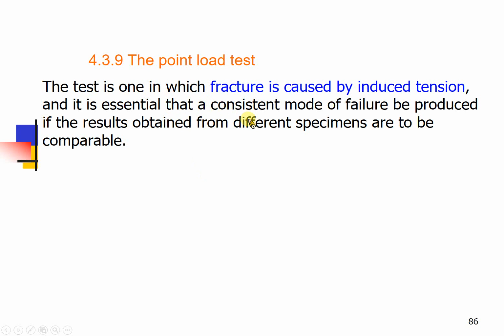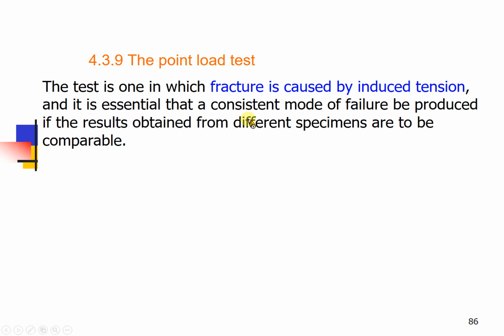Then you could be curious, how can we correlate the point load test results with the compression strength of rock, right? Because I told you it will be tensile strength, actually. The reason is we know the tension strength will have some correlation with the compression strength.